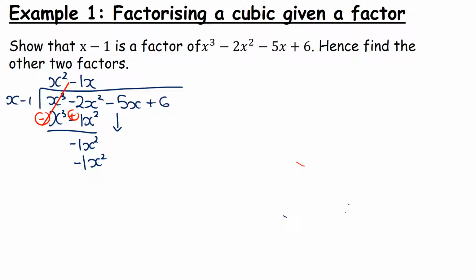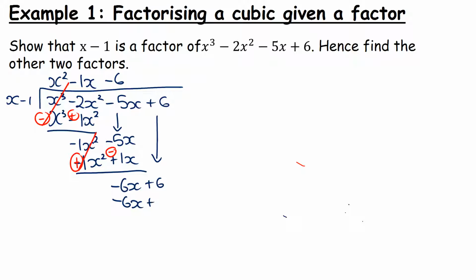Bring down the minus 5x. We get plus 1x. We subtract. So they cancel, and we get minus 6x. Bring down your plus 6. And this goes in minus 6x plus 6, and then we come along and we subtract.